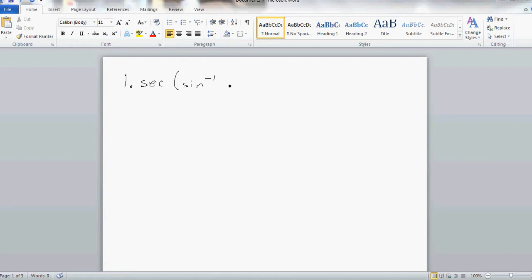Number one is the secant of arcsine of negative root 3 over 2. And these are basically two-step problems. The first thing we have to do is find what is the arcsine of this. Okay, the arcsine is negative, and arcsine we know is in quadrant either 1 or 4.